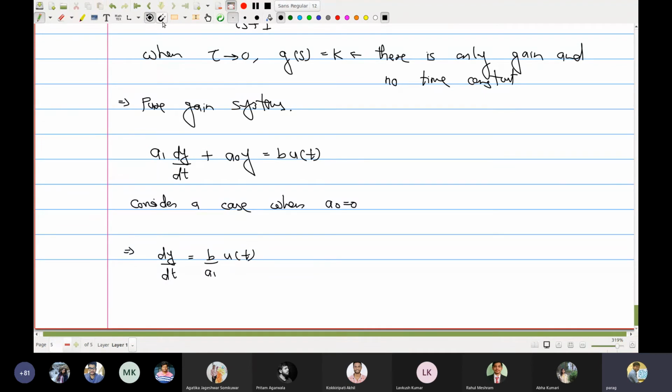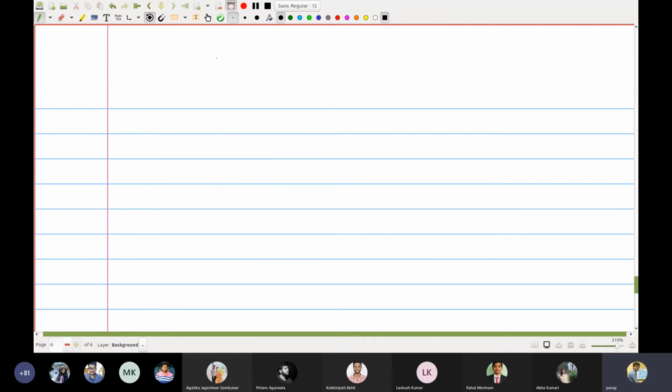Now this is interesting. Why? Let's do one thing. dy by dt equals k times u of t. Let us not write k, let's write k1 times u of t, because we have already used the term k, where k1 is b by a1.